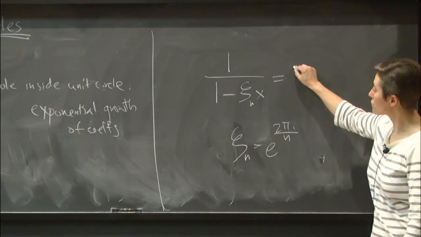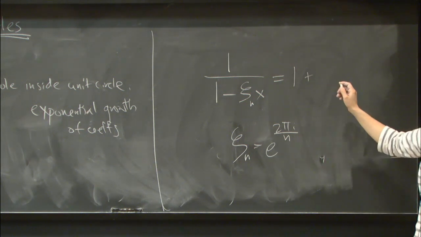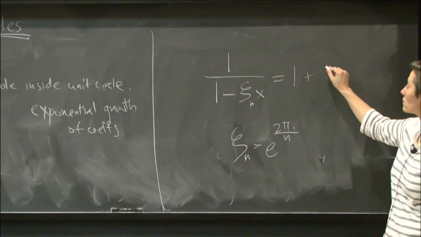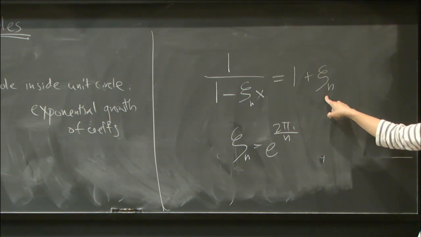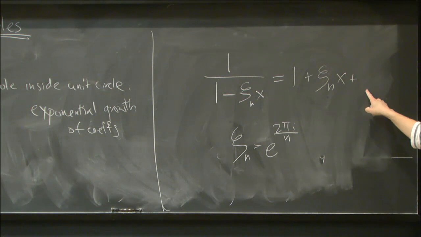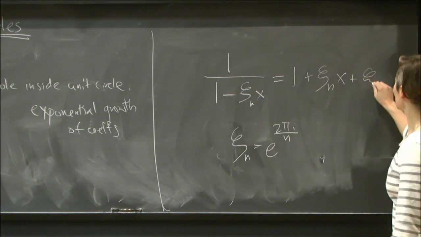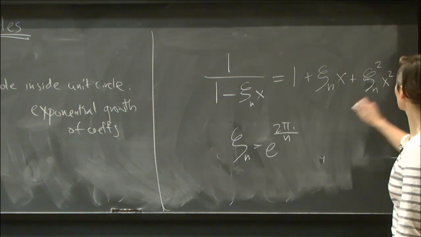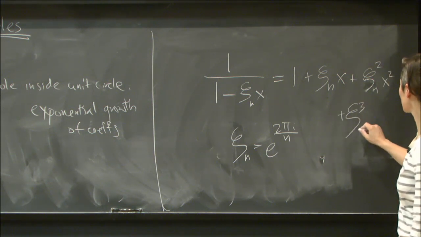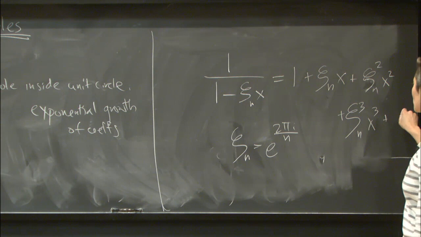So when you say it cycles through, you mean I get 1 plus e to the 2 pi i over n, which I will lazily write as zeta n, x plus zeta n squared x squared, and so on. Exactly. Good.